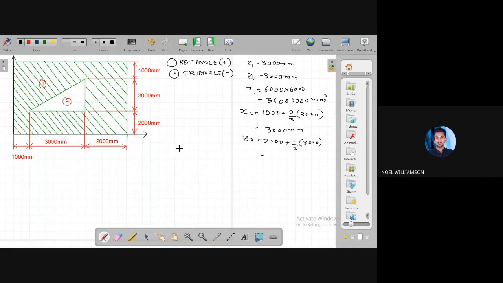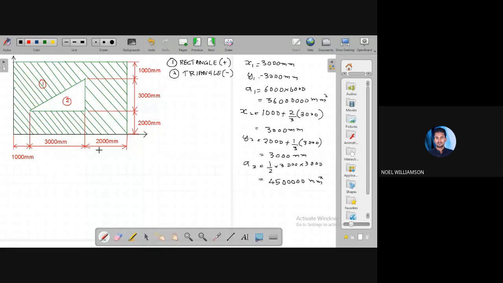So y2 is also 3000 mm, and area A2 equal to half BH, that is half into 3000 into 3000, which is 450000, that much mm square.